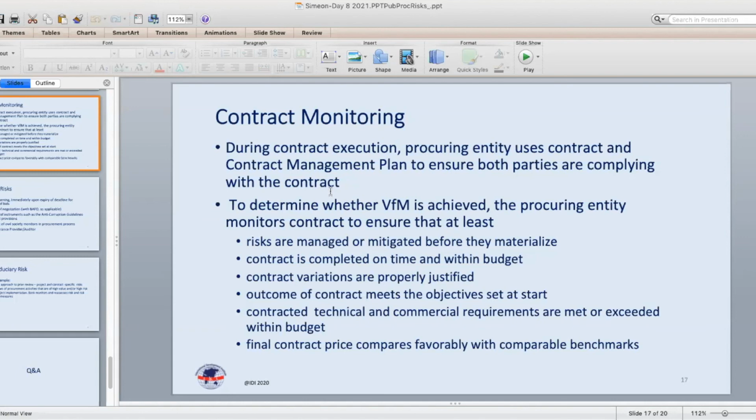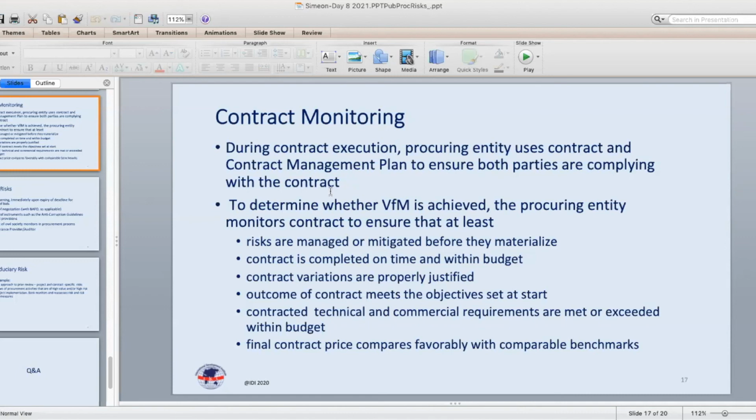Another, I don't think it's mentioned on this slide, another risk that arises with respect to contract monitoring is the risk of the inability of the procuring entity to monitor the contract. Okay.